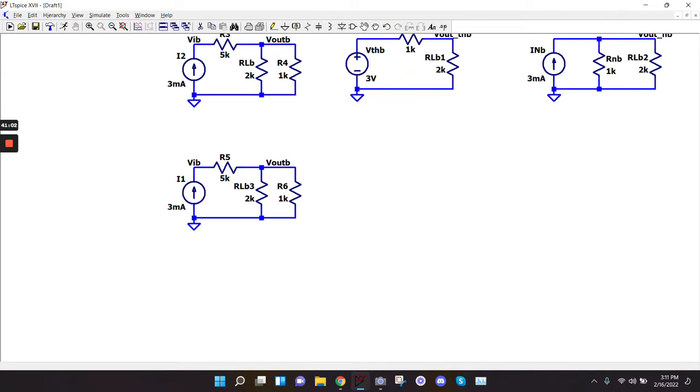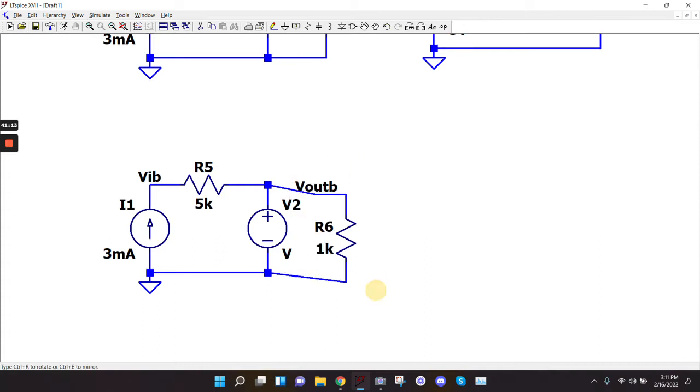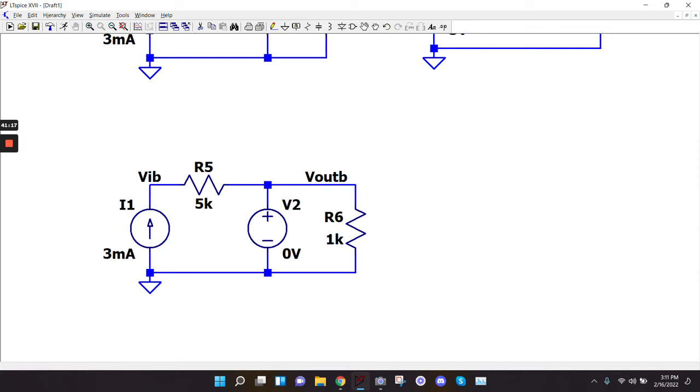You found your Norton current and you want to make sure you did it right. Basically, delete the load and put a voltage source there, right where you want to measure the current, and make it 0 volts. And whatever direction you want to measure it in, so I want to measure it going down, make sure that's the direction of the plus to minus. So it will measure the current now flowing down through this node.